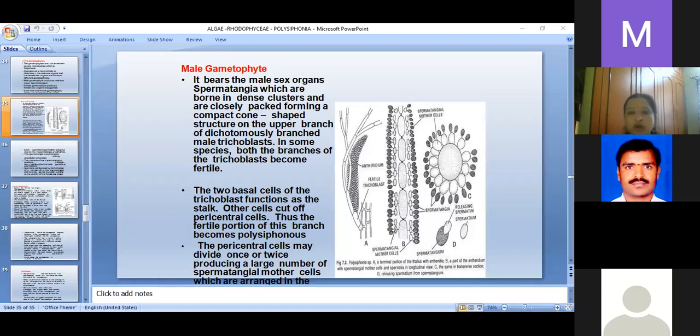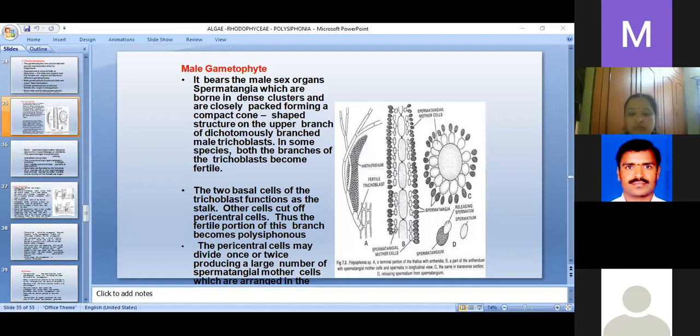The diploid daughter nuclei migrate from the supporting cell and form the carposporophyte. This carposporophyte is the 2N stage. But the carposporophyte is a parasite. It is not an individual; it is always a parasite on the female thallus.